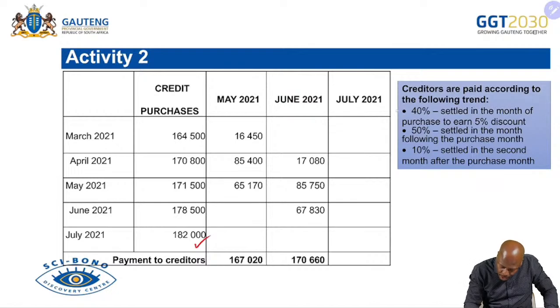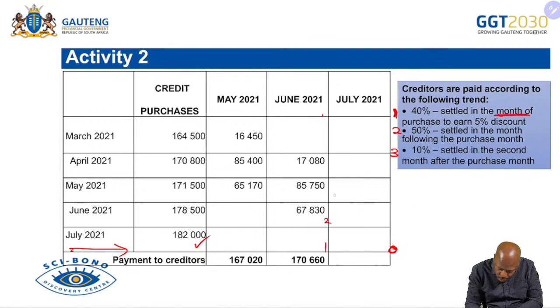So I'm going to make this 1, this becomes 2, 3. My keyword is in the month of purchase, same month. July. Their meeting point becomes my 1. In simple words, if I bought goods in July, when do I pay the 40%?